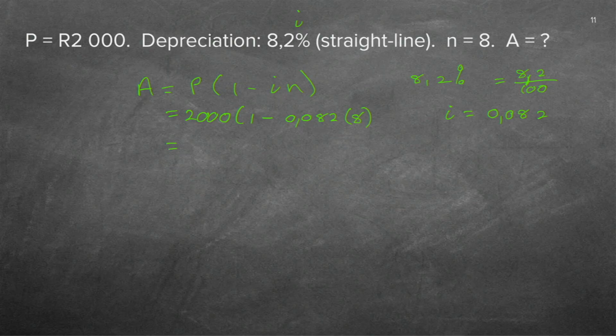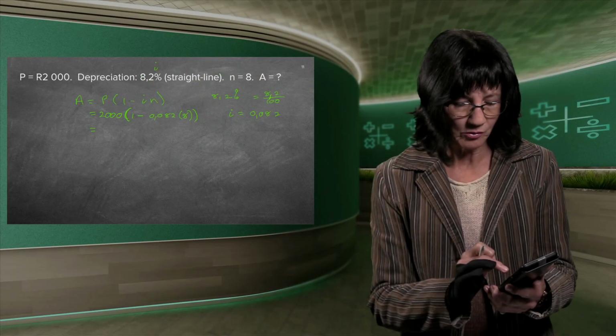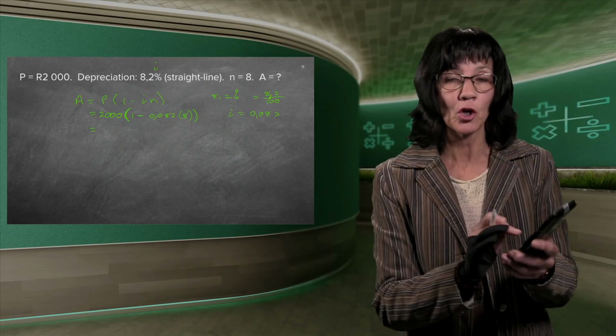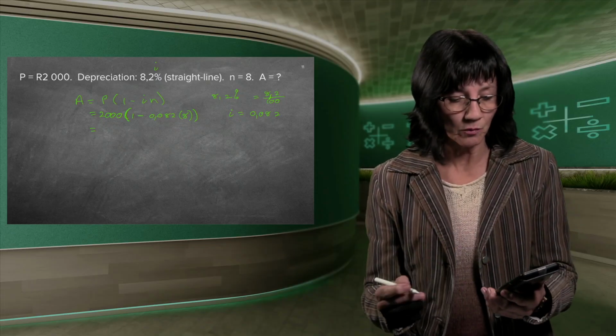So now I grab my calculator and again, let's just do properly the double bracket because you see there's the big bracket there and then there's a small one inside. So it's 2,000 bracket 1 minus 0.082 times, because bracket means times, 8. Remember to close your bracket and press the equal sign.